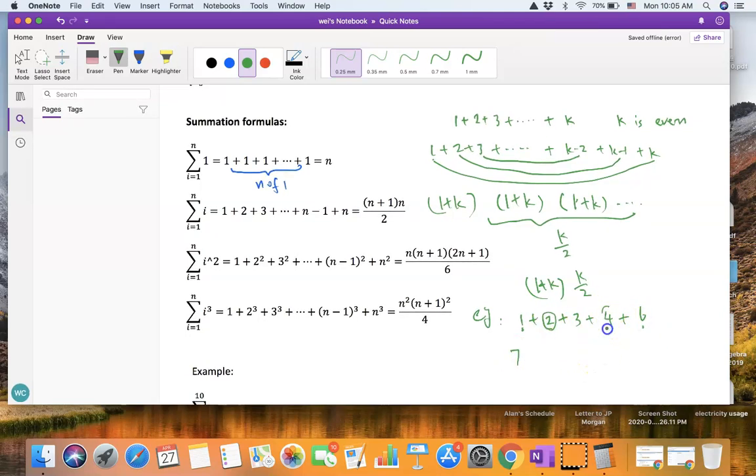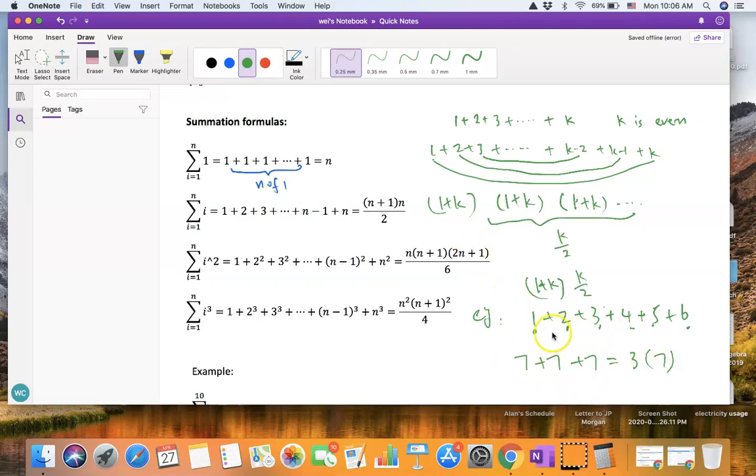Then I add 2 and 5, I get 7, and 3 and 4, I get another 7. So this is 3 times 7, because I have 3 sevens.